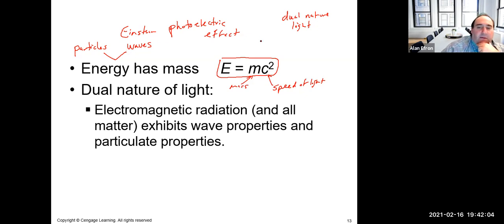We'll talk about it a little bit more later, but it's the idea that particles can have properties very much like waves, like wavelengths. And again, waves can have very much particle-type properties as well.